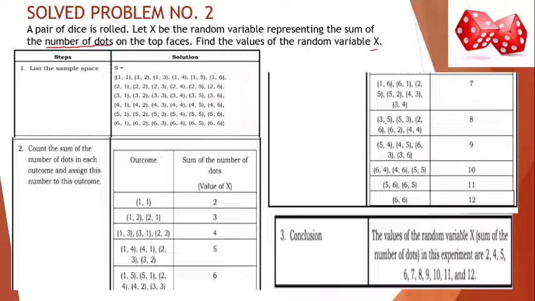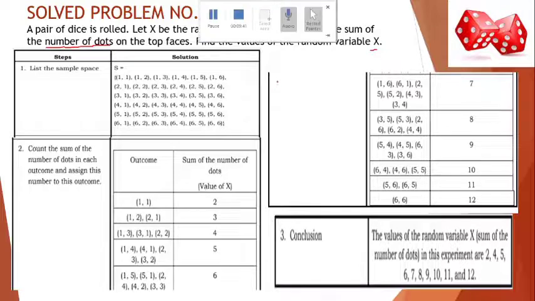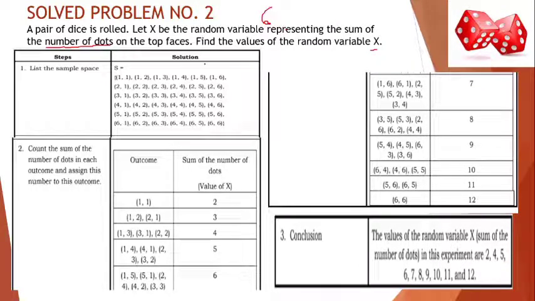you have 7. And the technical part is, since a die has a maximum of 6 dots, and based on the given that there are 2 dice, you multiply 2 by 6 to get 12.